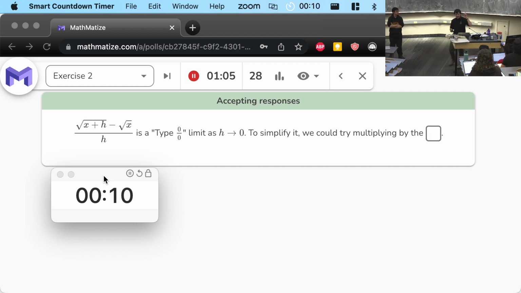Okay, so there's like 10 seconds left. Feel free to put in IDK if you really are unsure. I'm just trying to see how many people know this trick that's coming up before I do it.